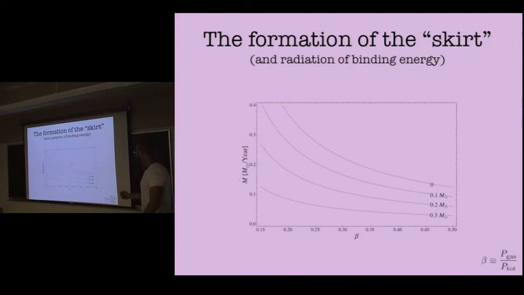And we can see that for mass loss rates up to 0.4 solar masses per year, which is the highest assumption for the mass loss during the Great Eruption, we get that the mass of the skirt is around 0.1 solar masses. So this is currently the only available estimation of the mass of the skirt.